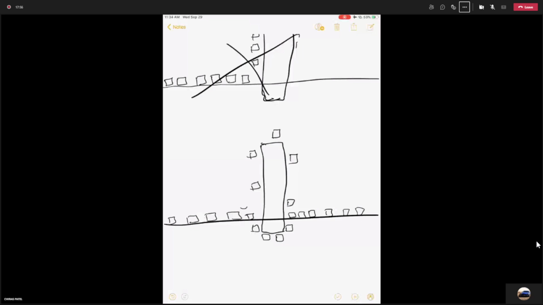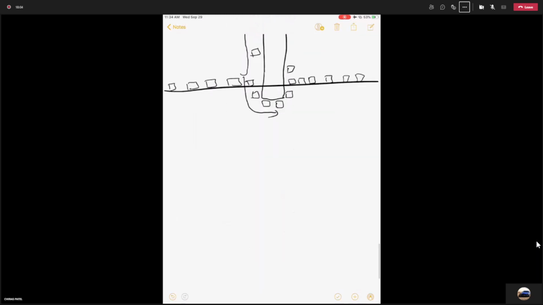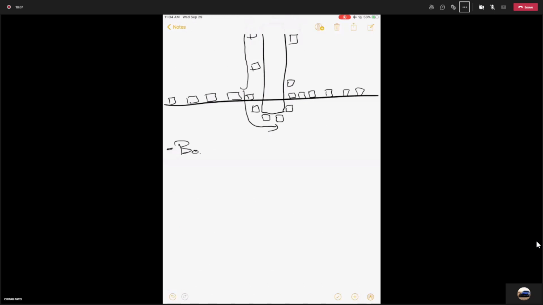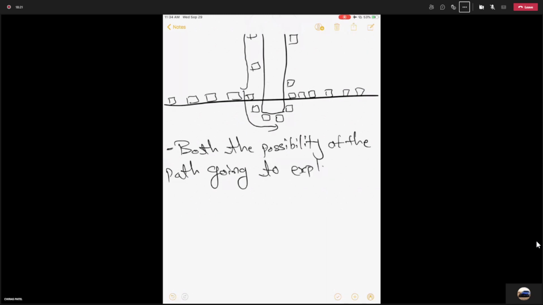Right? The ants will explore this path, explored by the ants.